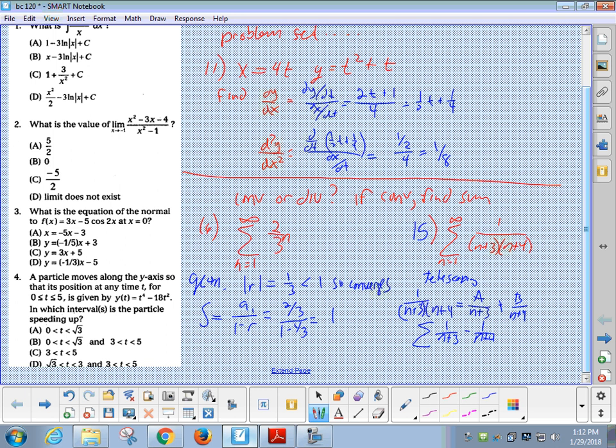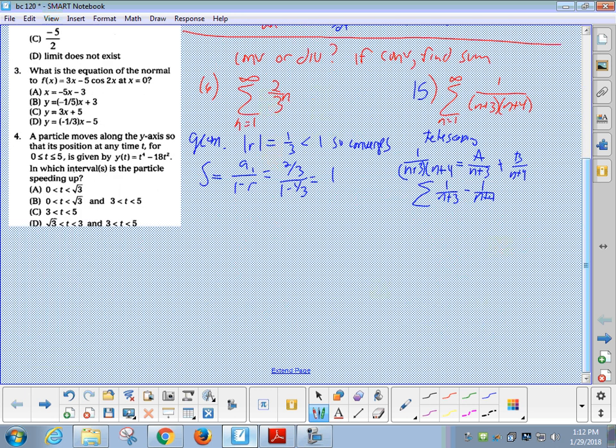Now I told you these don't have to be telescoping. How you would see if it is or not is if you have a fraction minus a fraction, then it's a good bet. But if it was plus and plus, you have no chance. There's no way it's telescoping if everything's positive. Don't worry, I won't throw you a not-telescoping one for a while, until you start to get your feet under you a little bit.